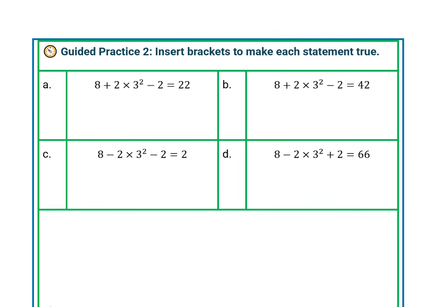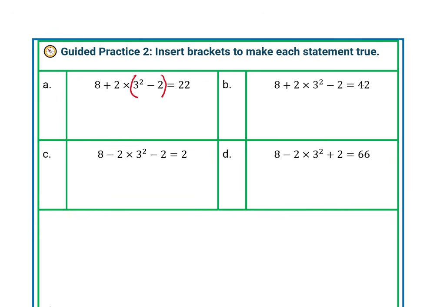3 square is 9, and 9 minus 2 is 7. Well, that could be a hint to you. Okay, let us work out the first one together, and the rest of them you have to do on your own. So one way it can work is that if you put the brackets right here, do you see that?